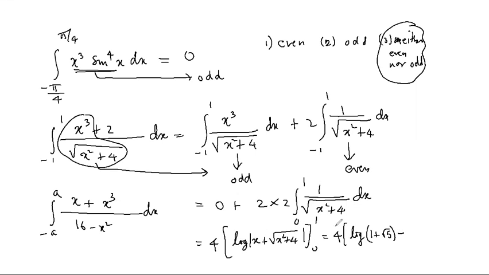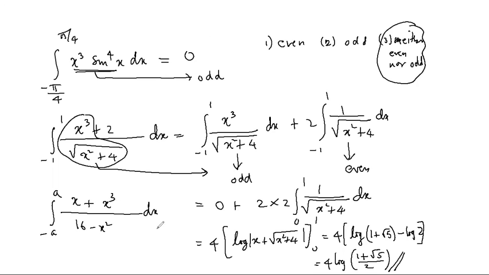When you put 0, it becomes log 2. So the final answer I can write is 4 times log of (1 plus root 5) upon 2. That is my answer. Is it clear? Yes, sir.